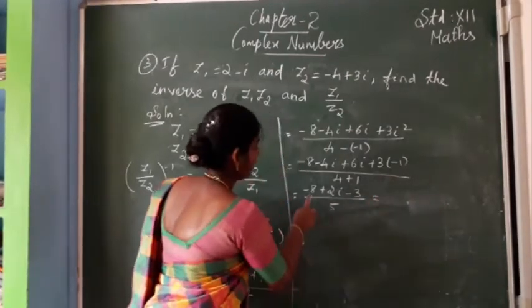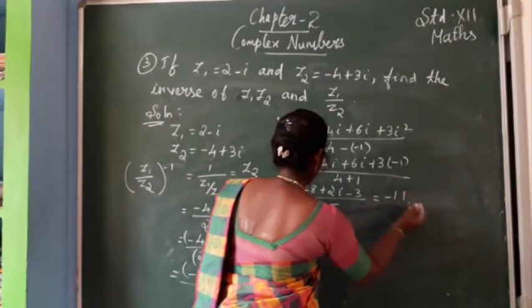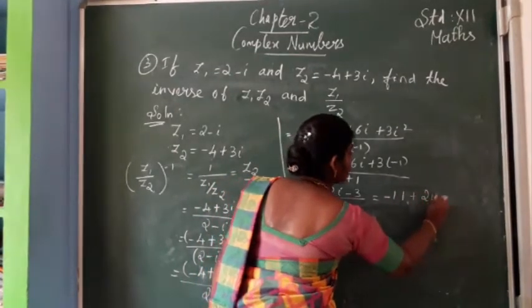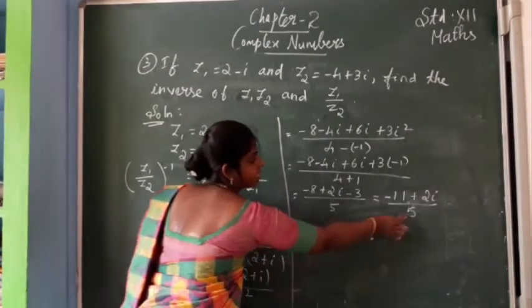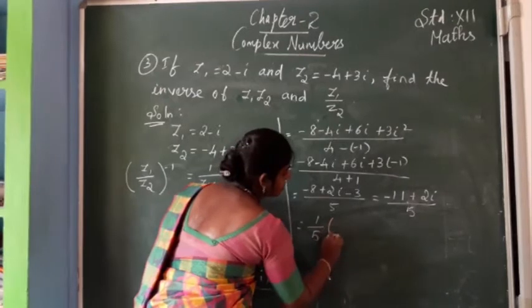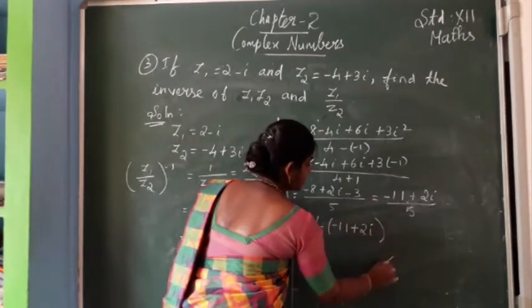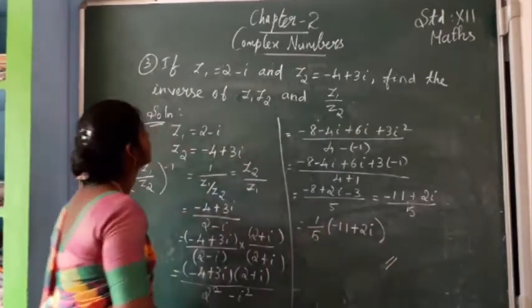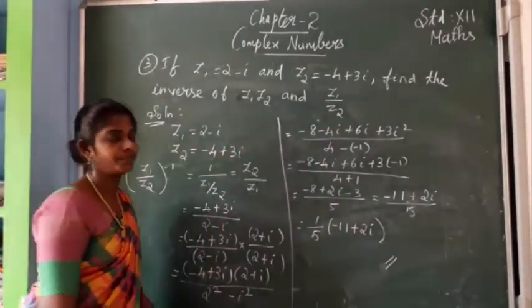That's equal to −8 − 3, the value is −11 + 2i divided by 5. We can take 1 by 5 outside, so 1/5 into (−11 + 2i). This is the answer for Z1 divided by Z2.